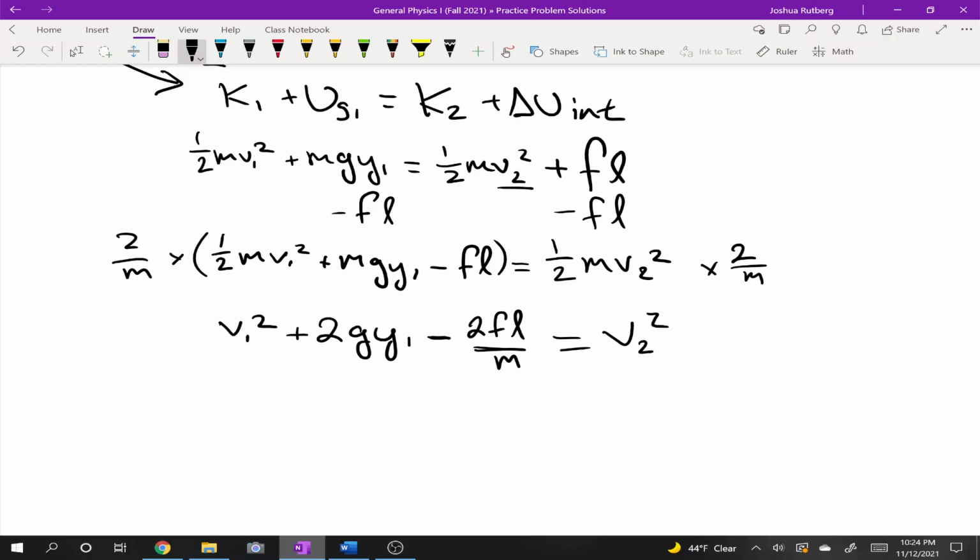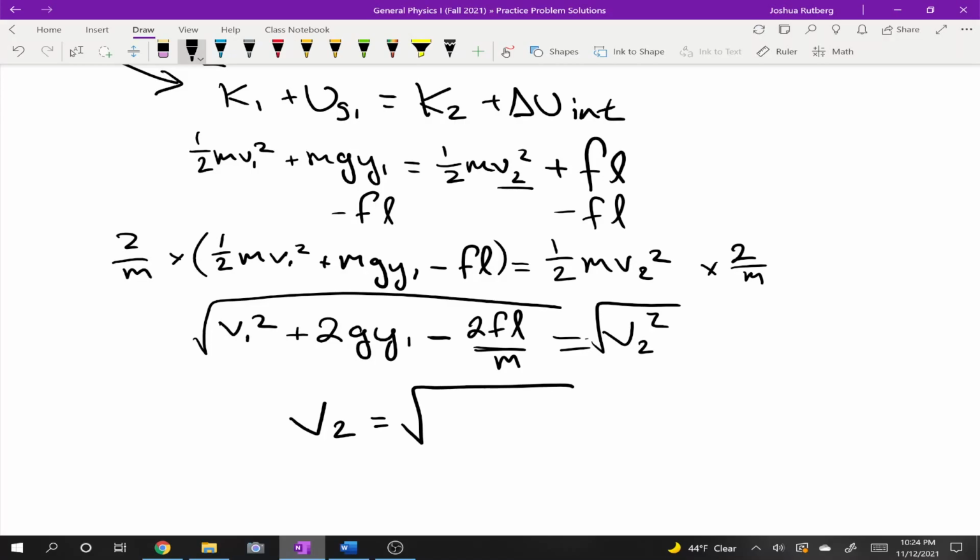Then I square root all of that, flip it around to make my life a little bit easier, and I get v2 is equal to the square root of v1 squared plus 2 times g times y1 minus 2FL over m.